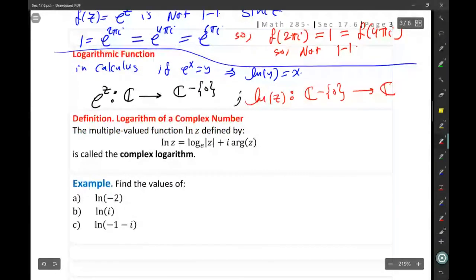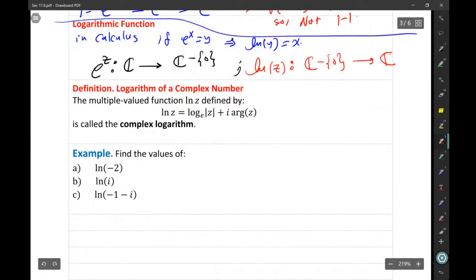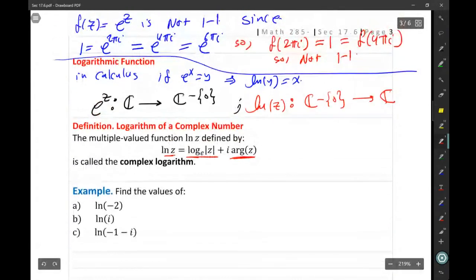But what's the meaning of logarithm of complex numbers? Ln of z of any complex number is equal logarithm of absolute z with base e plus I times the argument of z. But here it is the small argument, not the principal argument, which is equal, if you would like to write it in general, log absolute z with base e plus I times theta plus 2n pi.